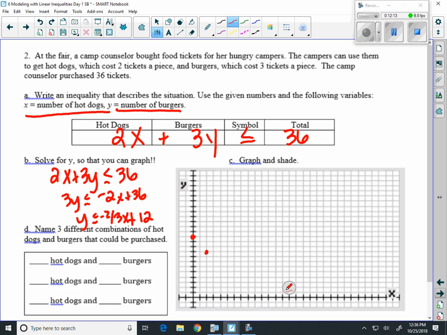All right, so you're gonna graph 12. 12 should be your y-intercept. And then did you get negative 2 over 3? Perfect.